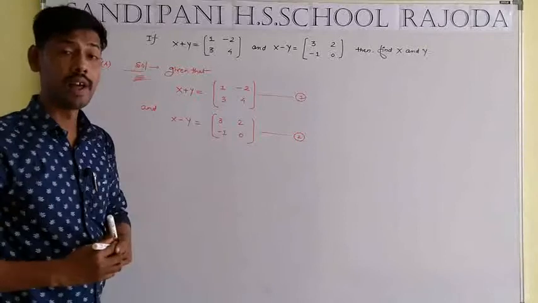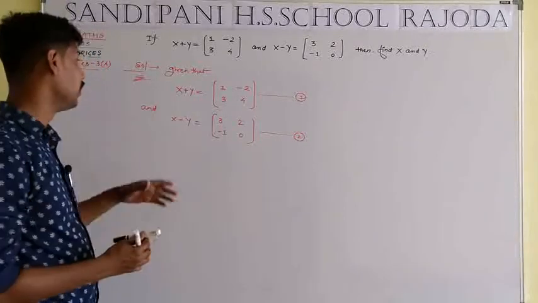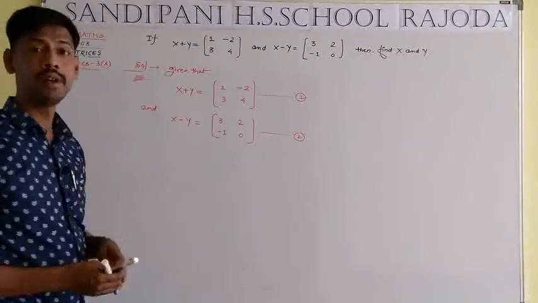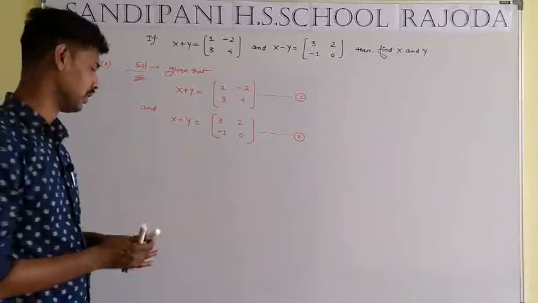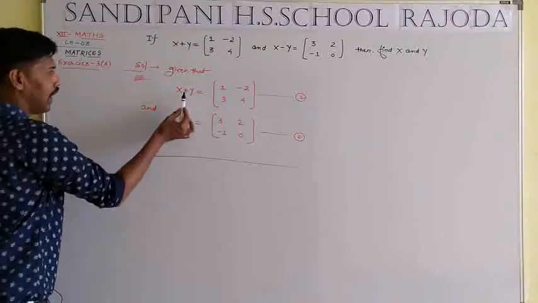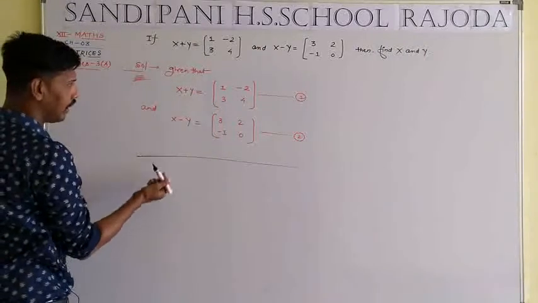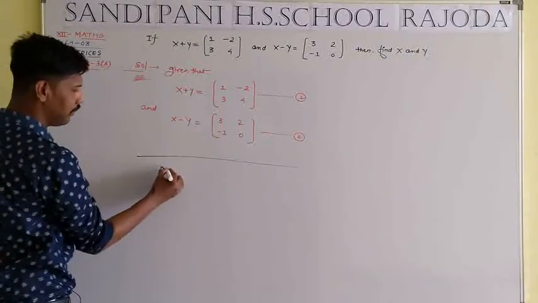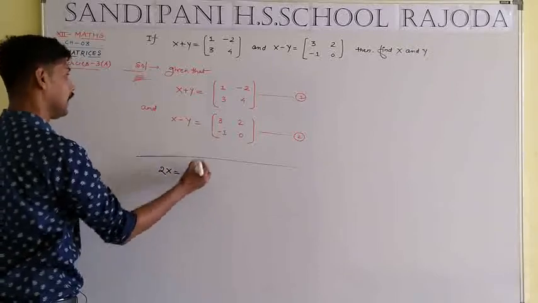According to class 10th, we know the elimination method. So by equations first and second, y will be cancelled, x plus x will be equal to 2x.